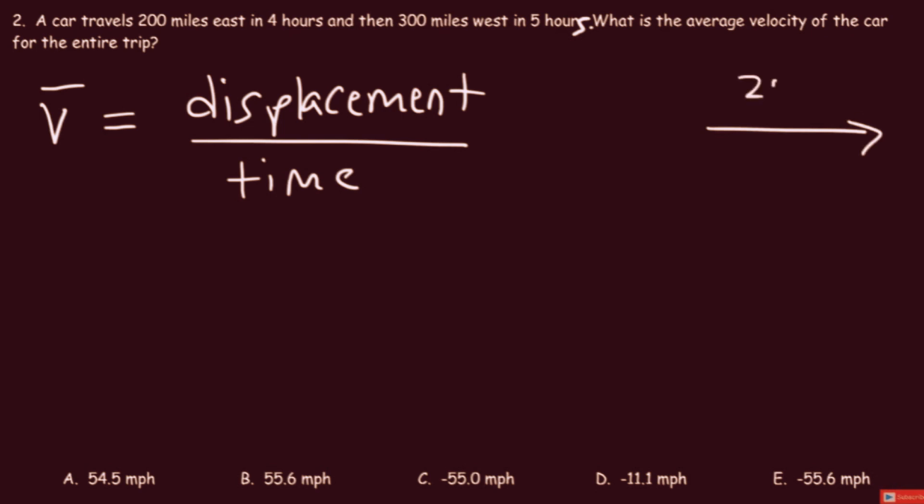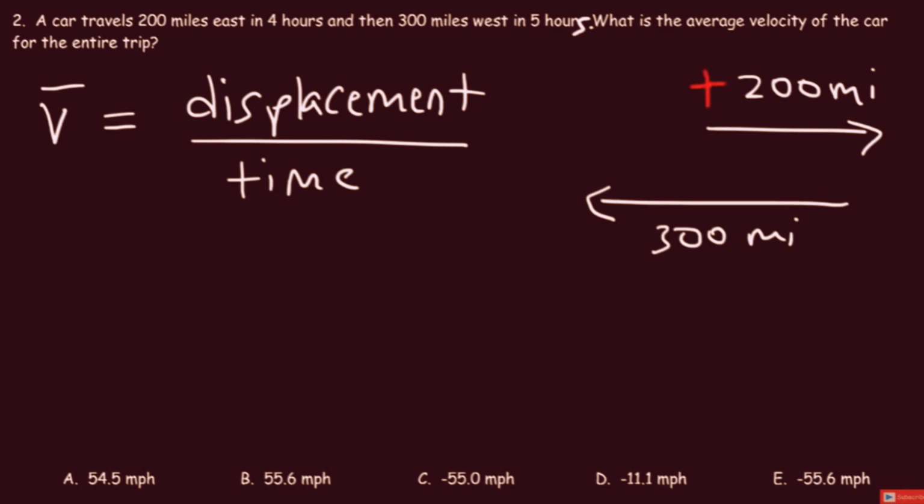We know it traveled 200 miles east and then traveled 300 miles west, and you have to understand that distance is a scalar quantity. It can only be positive. Displacement is a vector. It can be positive or negative. So the displacement for the first part of the trip is positive 200, because it was going in the positive x direction, and then going west is negative 300.